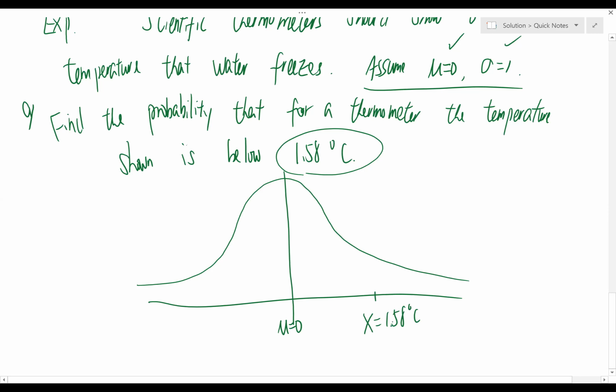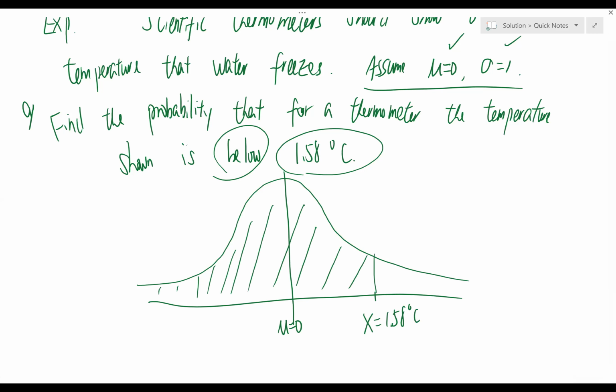The key language here is below, meaning you want to accumulate the probability all the way to the left of the temperature of 1.58 Celsius. This is what the question is asking you to do.